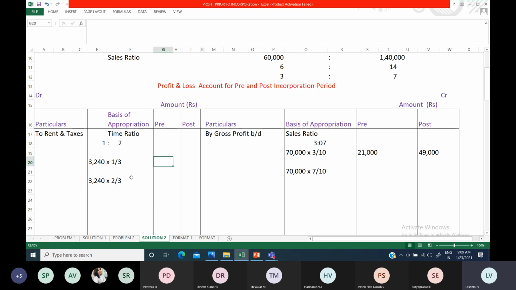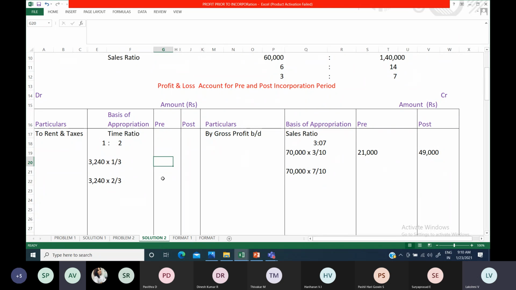So all these workings are not required for you actually. You can straight away calculate in a rough column or go to the calculator straight away, and put it under the pre-column and post-column. It is not compulsory that you have to write them. So find out 3,240 into 1 by 3.